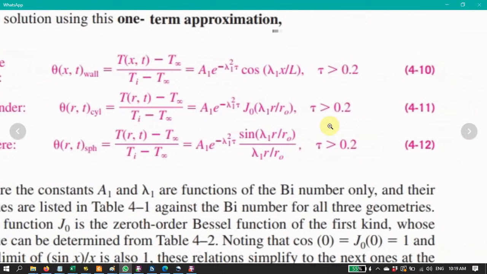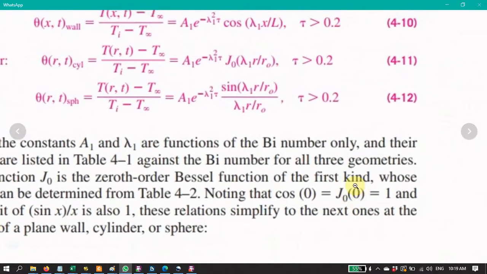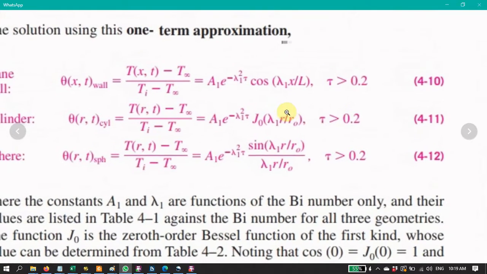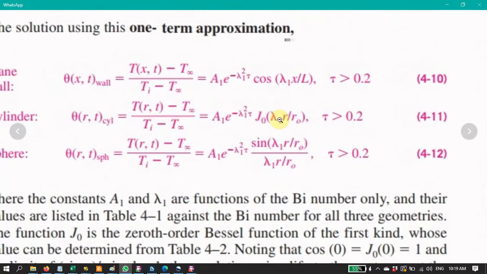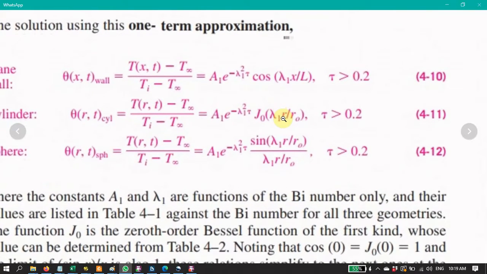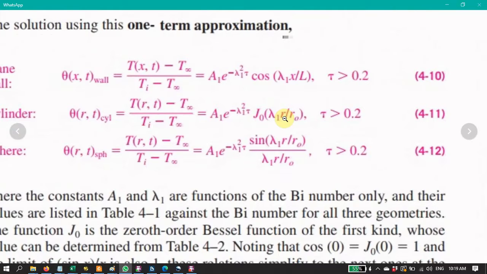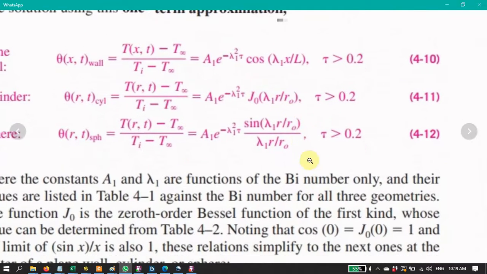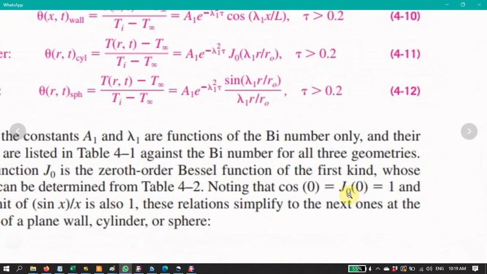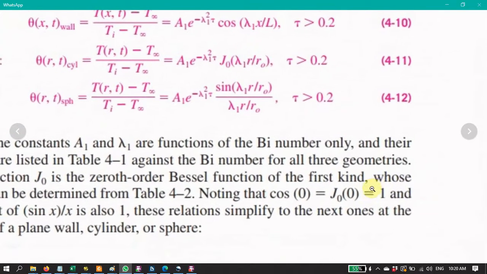For a cylinder, for example, at the center line, the first-order Bessel function will have the value of 1.